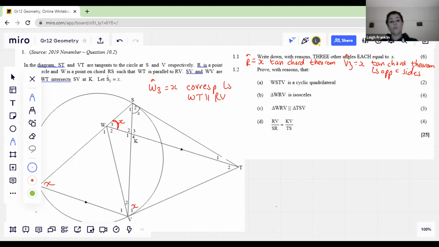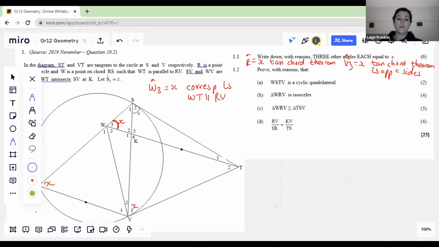Yes, okay, cool. All right, so fingers at S and T. Follow S to W, follow T to W. We're looking at angle W3, which is X. Go back to S, go back to T. Fingers at S and T, follow the lines from S to V and from T to V. We're looking at angle V3. Okay, there we go. We have proved that WSTV is a cyclic quad already.